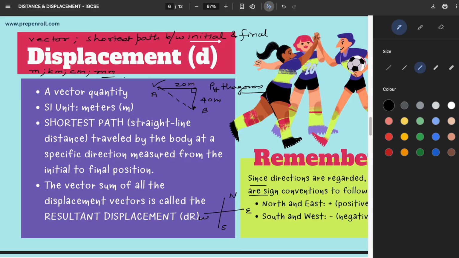East, on the right-hand side, is positive, west is negative, north is taken in the upward direction so it is positive, and south is negative. If you have already learned about drawing graphs, you already know this: towards the x direction is positive, and the leftward direction is negative, right?